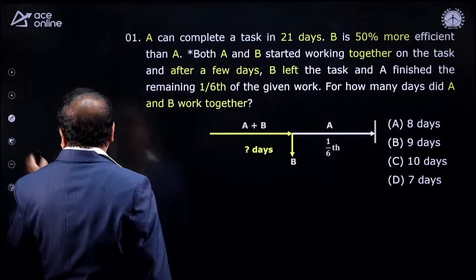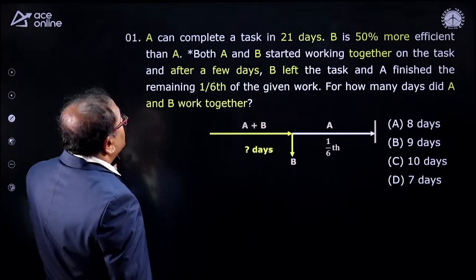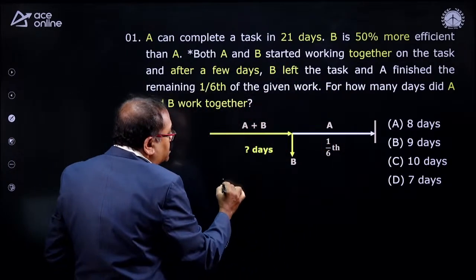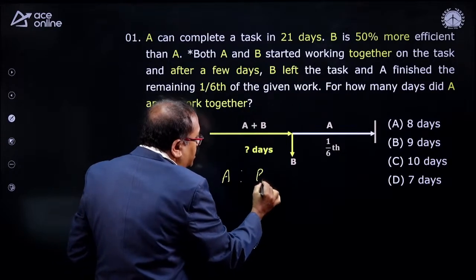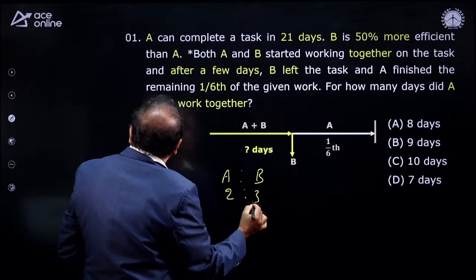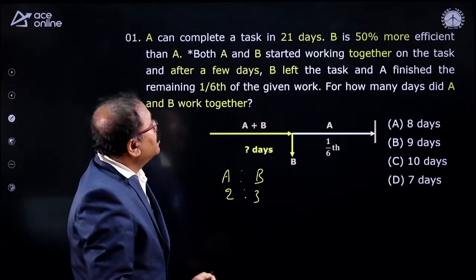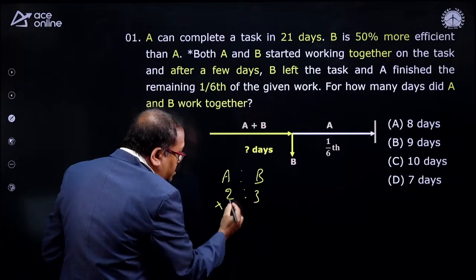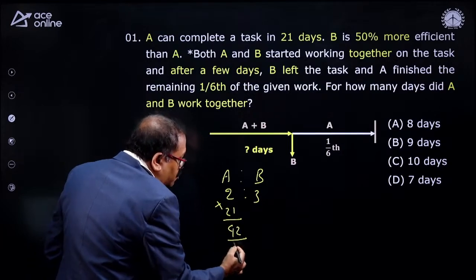So now I'll answer the question. We know the total volume of the work, and we have already found the efficiency of A and B, which is 2:3. A completes the work in 21 days, so the total is 42 units.